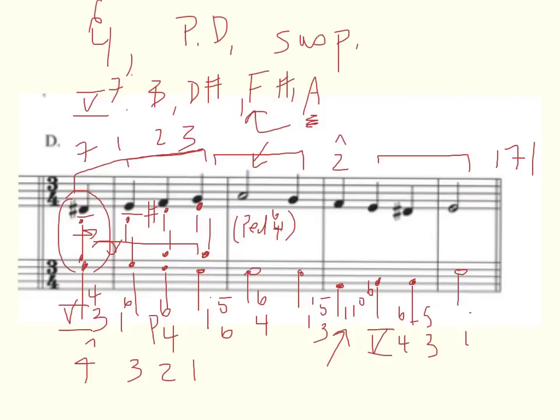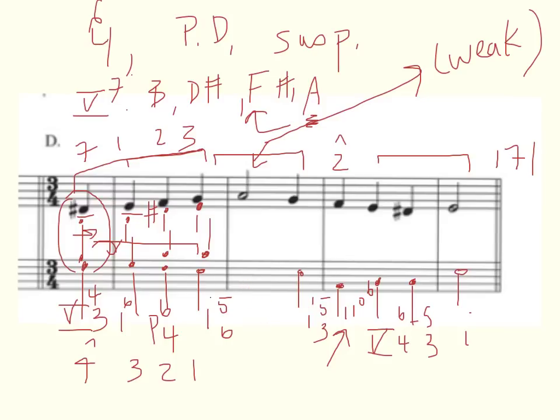That's certainly a possibility. Some of you might be wondering, well, I thought these were usually on weak beats, and you're right, they are. If it sounds offensive, and I'll play it for you in a minute, we could replace it with something else. So instead of the pedal 6-4, here I'm going to go back to my fancy eraser. Think of another solution that's very similar to the pedal 6-4, because the pedal 6-4 with a scale degree 1 in the bass uses the same pitches as a 4 chord.